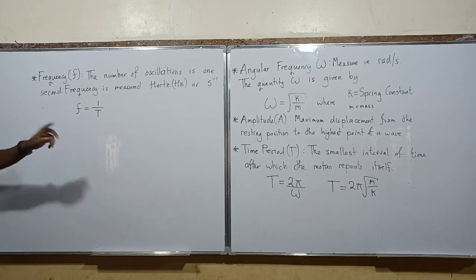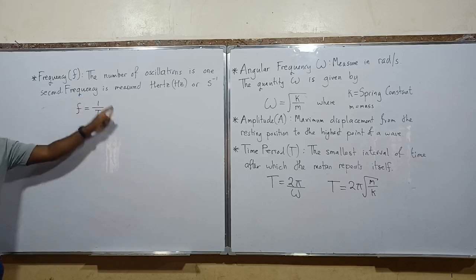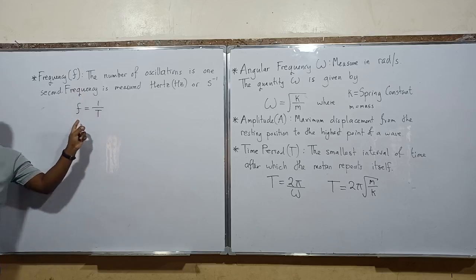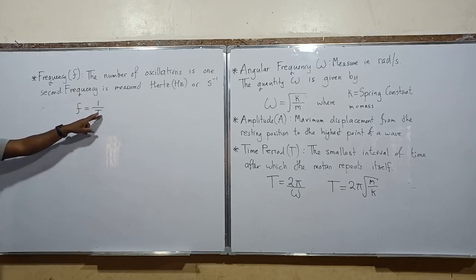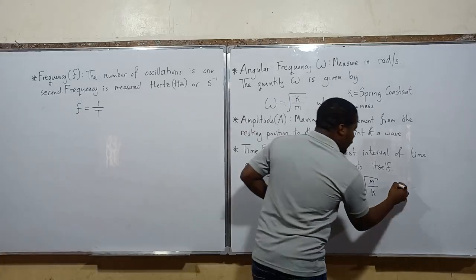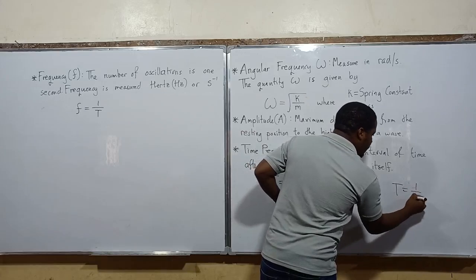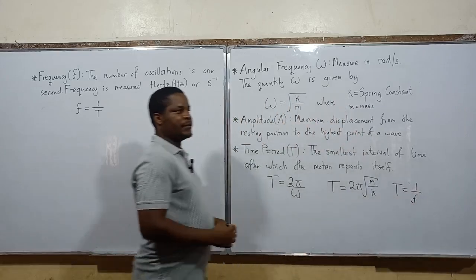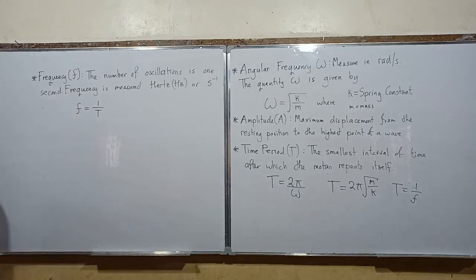If this is the case, if we decide to make period the subject of the formula, you have another formula for period. So let's go back to period and give it another formula. Period is equal to 1 over frequency. That's the other formula for period.